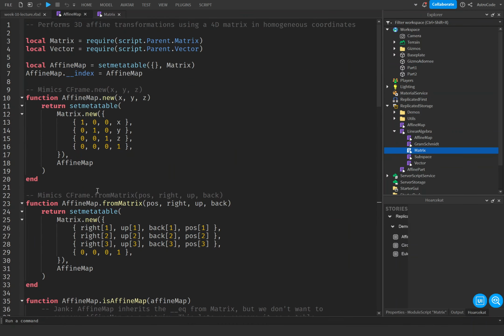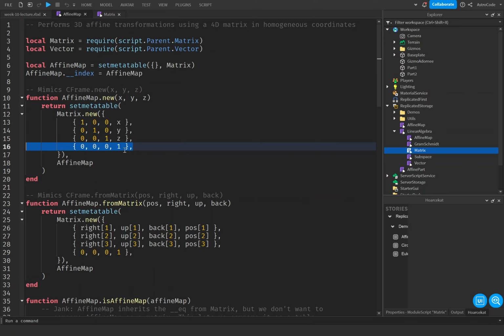I have implemented my affine map with a matrix object. And I did this intentionally because I wanted to emphasize that an affine map in homogeneous coordinates is a matrix. So we can just use the matrix object. But this bottom row, that's all zeros and then a one, is always going to be that.